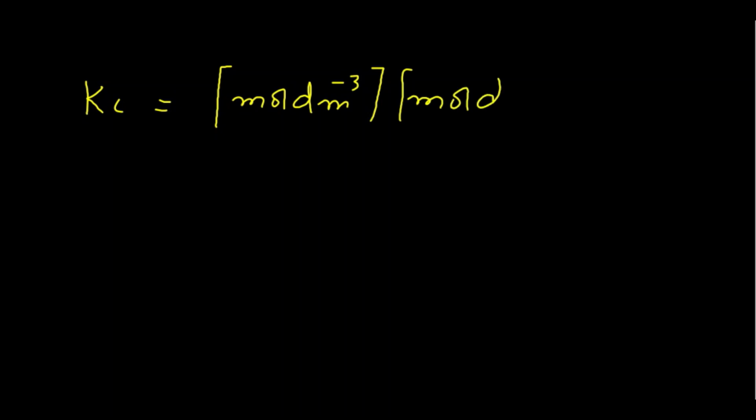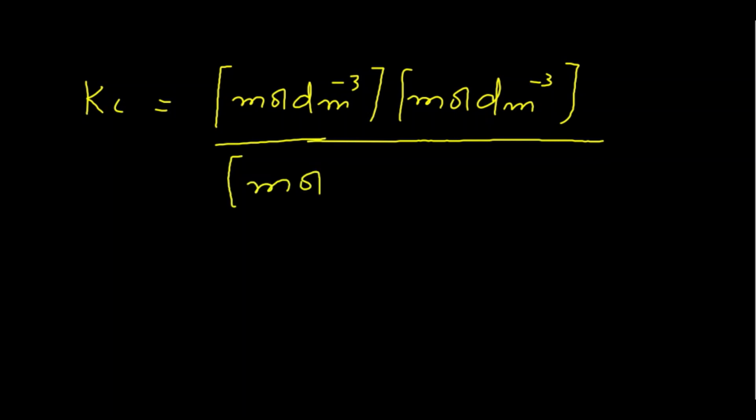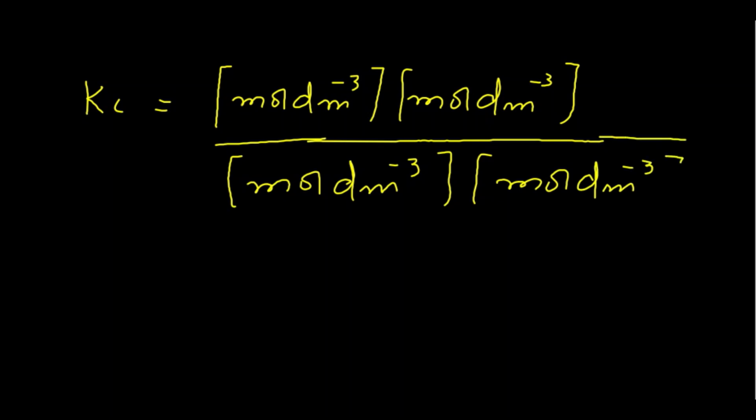Now students, we will write the units of concentration for each species in moles per cubic decimeter. So we write the unit of concentration, that is Kc. Kc is equal to mole per cubic decimeter into mole per cubic decimeter, right students, over mole per cubic decimeter into mole per cubic decimeter, right students.